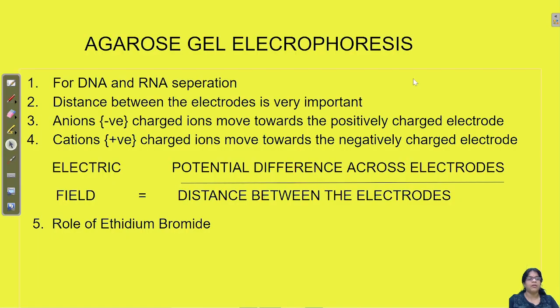In agarose gel electrophoresis, what really happens? Agarose is taken and added with a buffer. The buffer used for agarose gel electrophoresis is TAE buffer, which contains EDTA, a chelating agent. When you want DNA in a native form, EDTA reduces the action of magnesium ions, which act as a catalytic agent for the DNA nuclease enzyme.